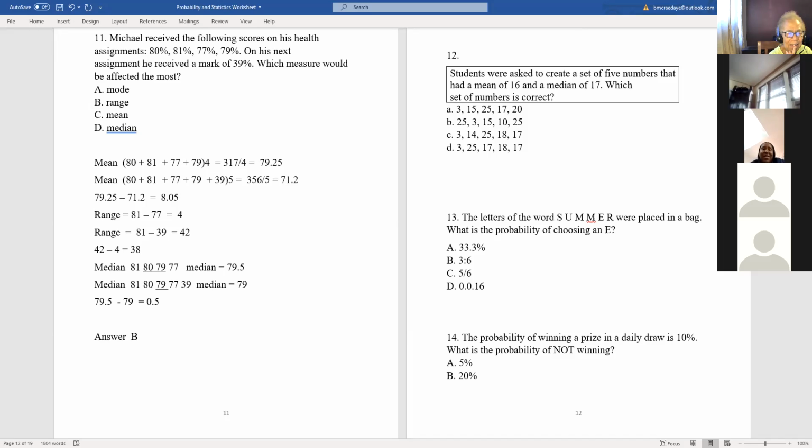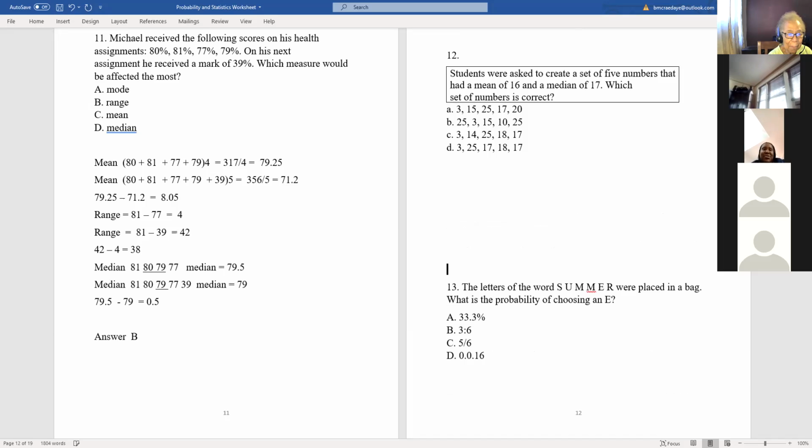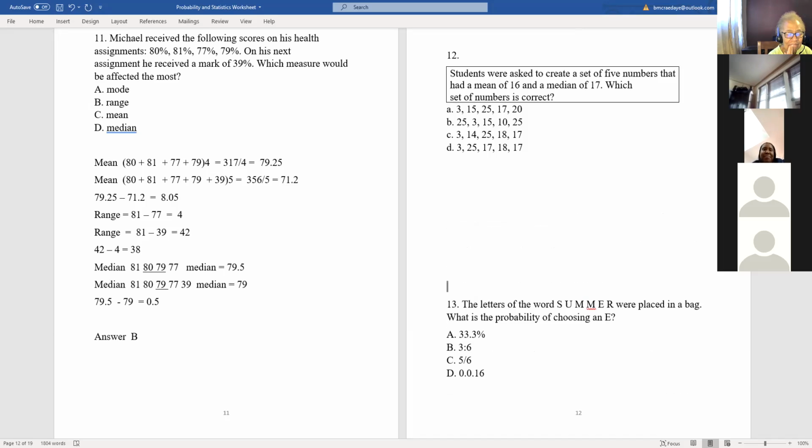I didn't calculate it. I think it's D because 16 and 17 are close together. So that's how I got it.